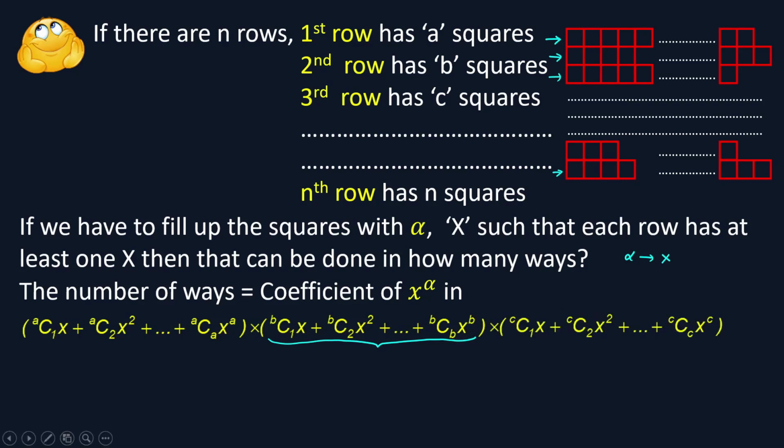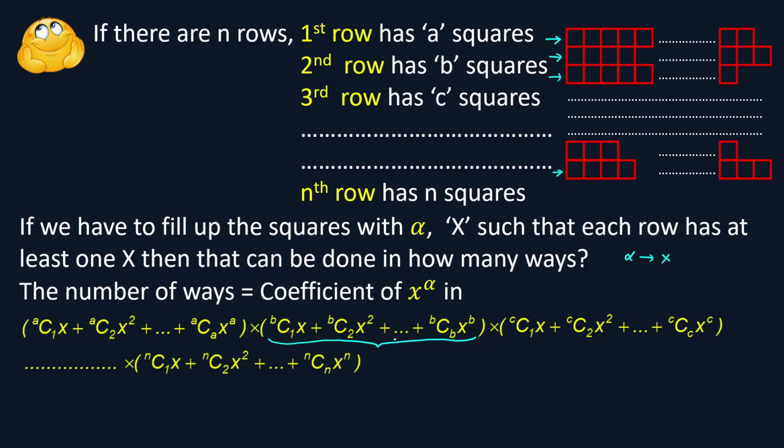Now, for the third row, we have this same thing, and this thing goes on till our nth row, in which we will do the same thing. Either I can choose one square or two squares or we can choose n squares because there are n squares available.